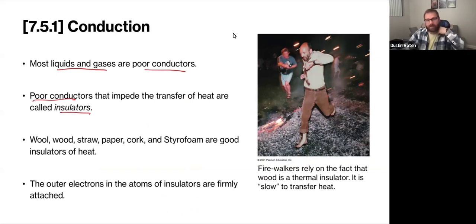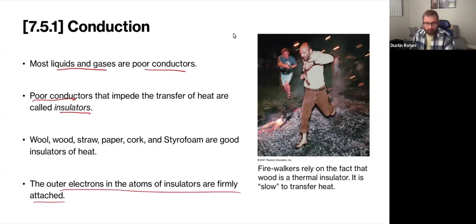So we've got wood, wool, straw, feathers. If you have a feather boa, that's actually a really good insulator. And in this case, the outer electrons in the atoms of the insulators are actually firmly attached.